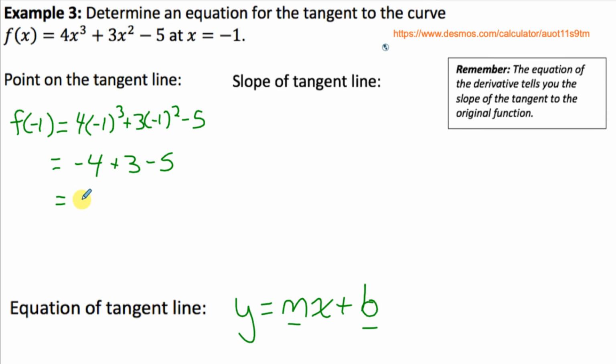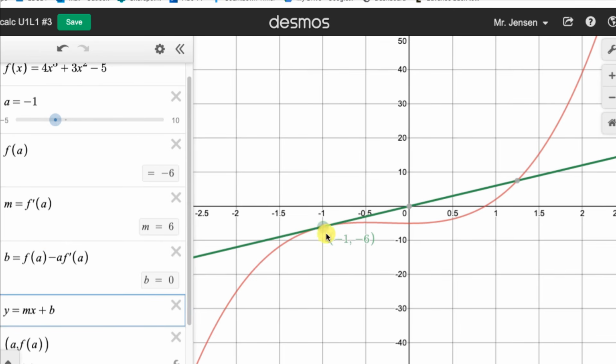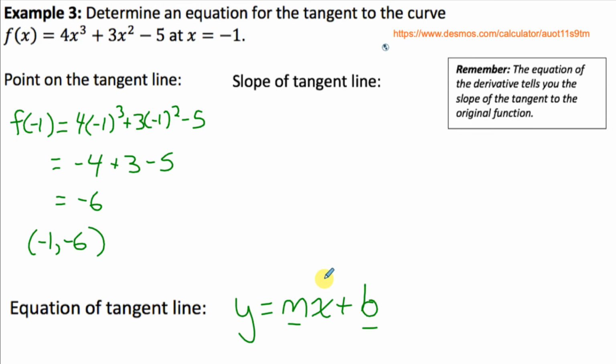This gives me -6. So I have the point (-1, -6) where the tangent line touches the original function. Let's look back at Desmos. Notice, yes, that is the point (-1, -6). That's where the tangent line touches the original function. So we have a point on the tangent line. This is our x, y point.